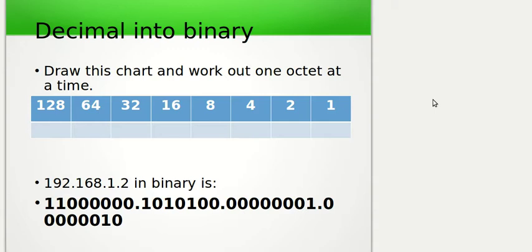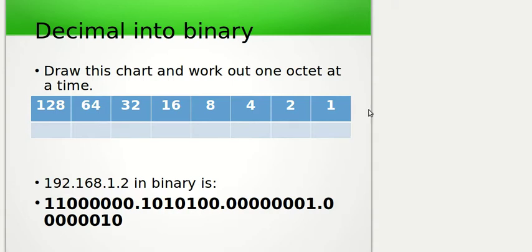2 to the power of 0 is 1, 2 to the power of 1 is 2, 2 to the power of 2 is 4, 2 to the power of 3 is 8, 2 to the power of 4 is 16, 2 to the power of 5 is 32, 2 to the power of 6 is 64, 2 to the power of 7 is 128.